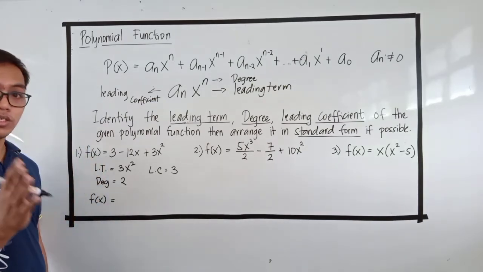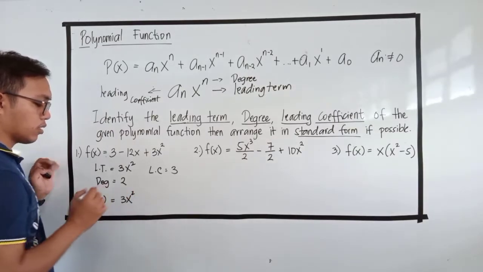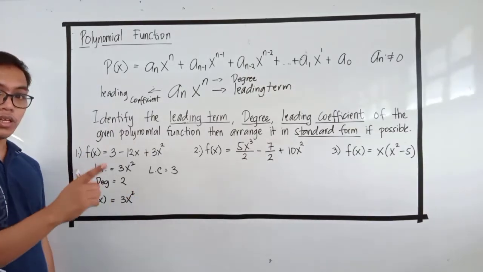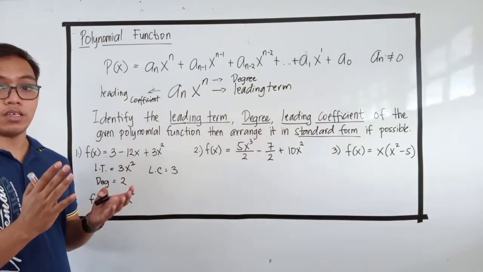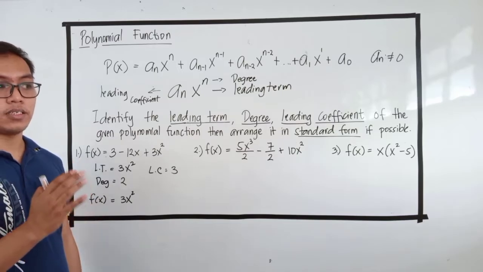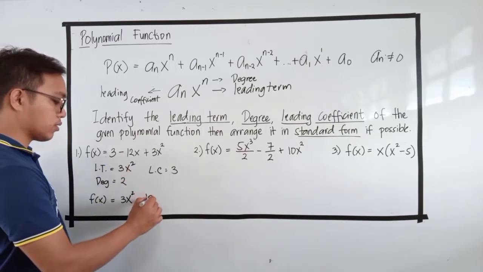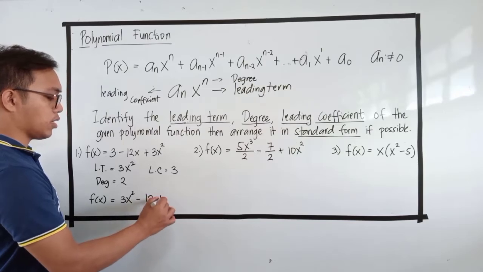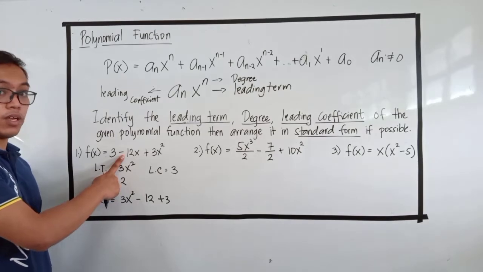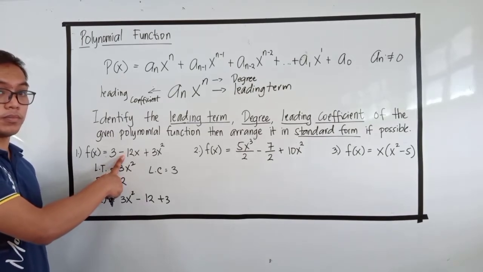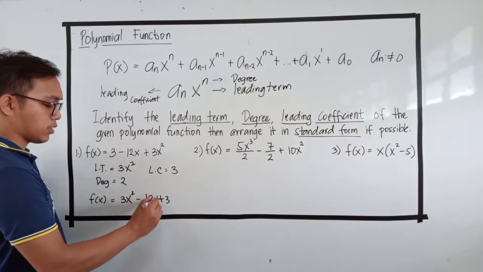We start with the leading term, that should be 3x squared. The term next to 3x squared is the term with the degree lower than the leading term. In that case, it will be 12x. Then, lastly, plus 3. Remember, the sign must follow the term on its right. That's why we have here minus 12x.